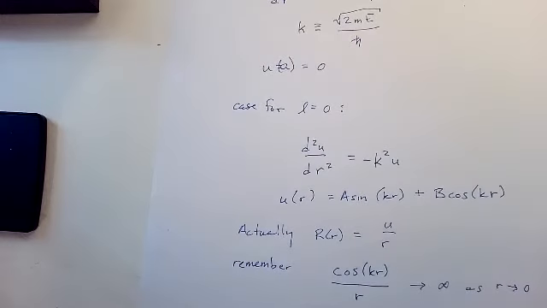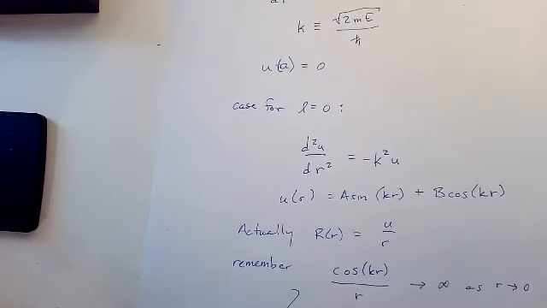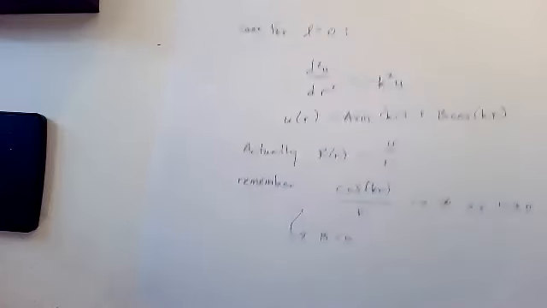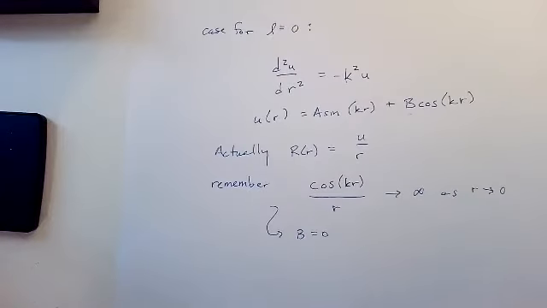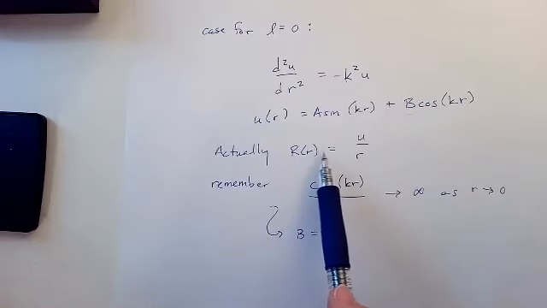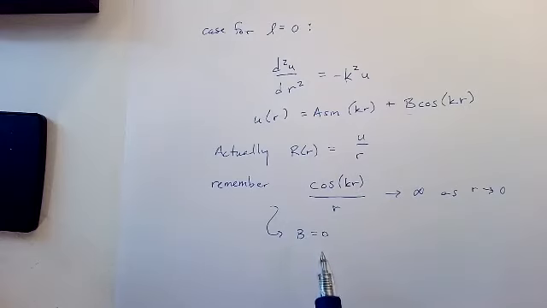That's not a well-behaved function. So that's going to lead us to saying that this B is going to be 0. Just knowing that this is not well behaved, when we get to our actual radial function, our B in front there goes to 0.